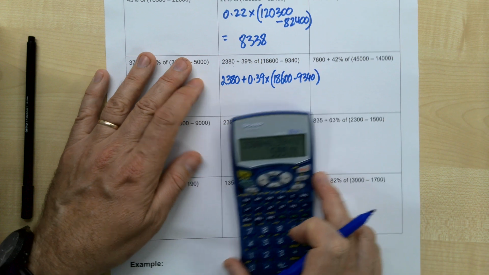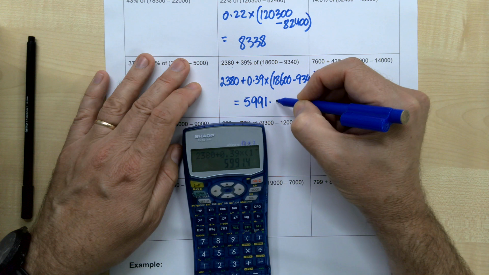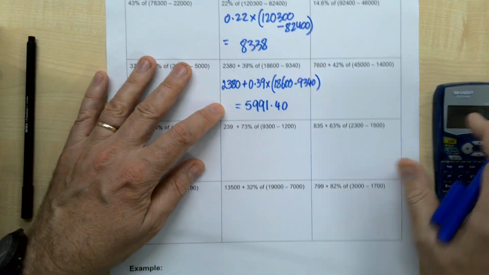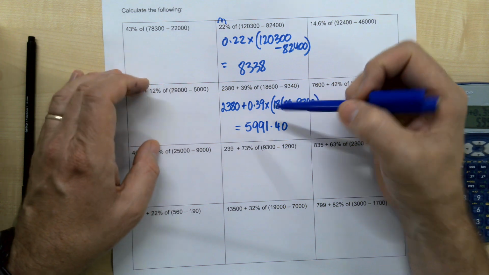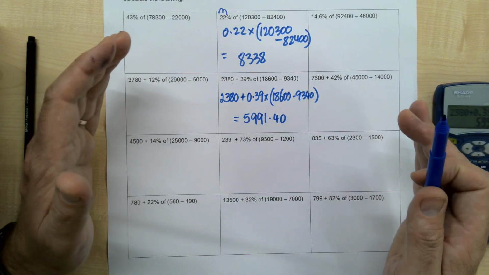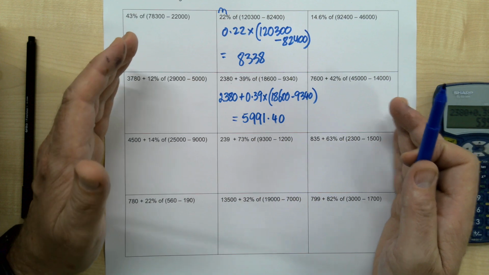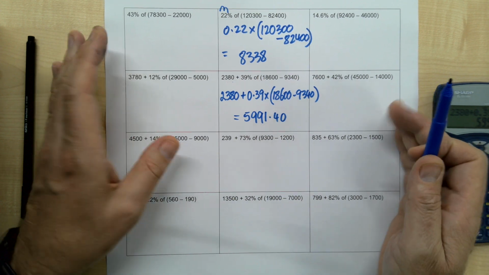Close the bracket. I've got $5,991.40. So satisfy yourself that you can drive the calculator, get those two, and then churn through these. Unless you can drive the calculator to do these, you cannot do any of these questions around the tax brackets. You've got to be able to drive the machine.